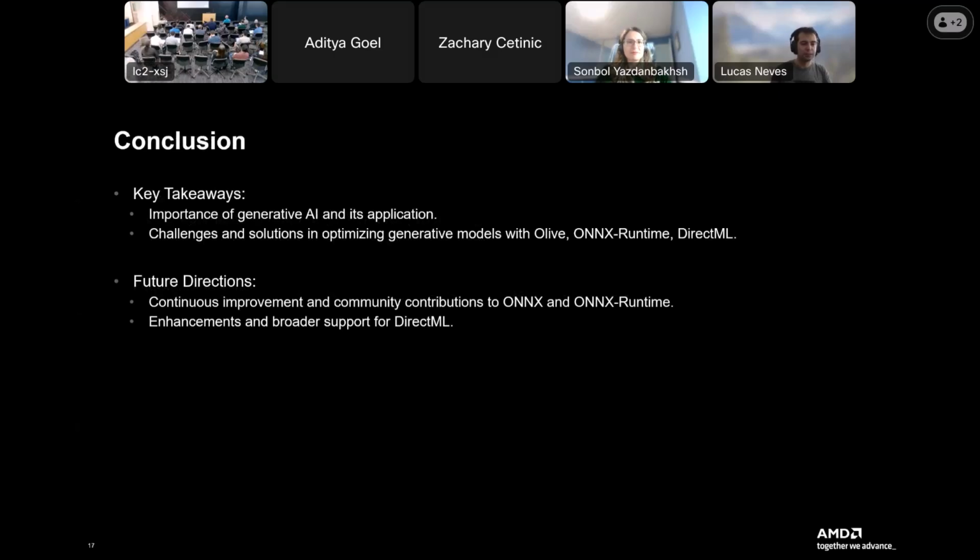Some of the key takeaways: generative AI is everywhere, and getting it to deploy on end user commodity hardware is the next big area for our focus. Future directions are improving the ONNX Runtime backend for DirectML, operator level support for low-bit quantization types, and support for different quantization strategies during inference.